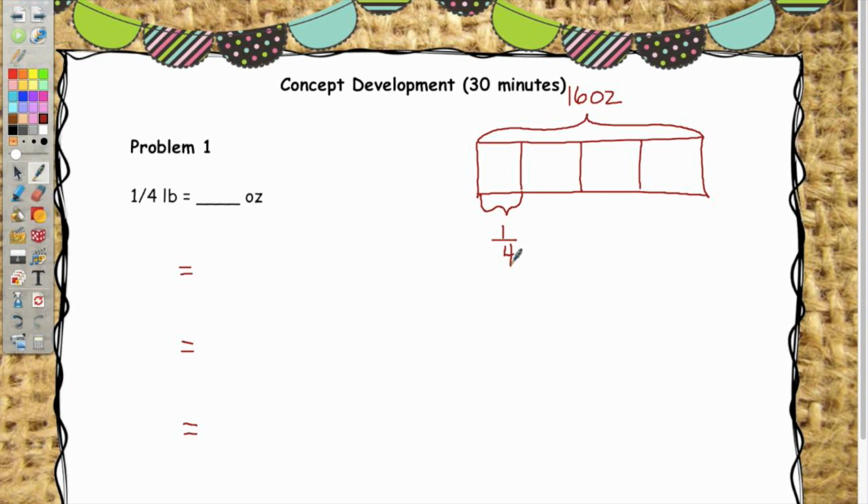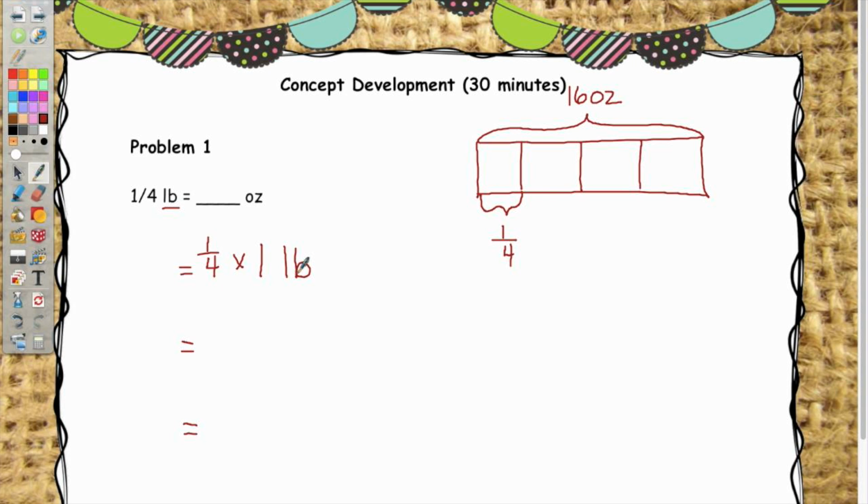Okay, let's do the math over here. There's a strategy involved. You'll remember it when we get started on it. I'm going to write 1/4 times my total in pounds. How many pounds is this? Nope, that's how many ounces. How many pounds? 1 pound.